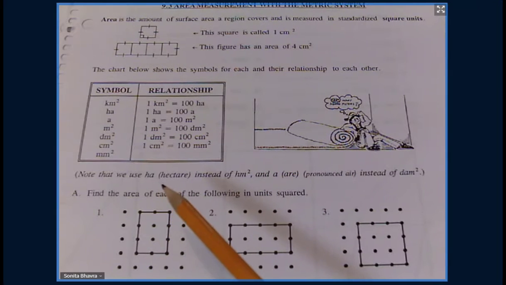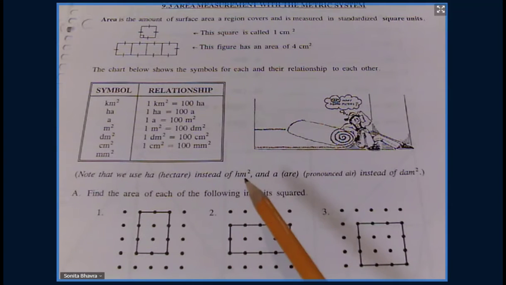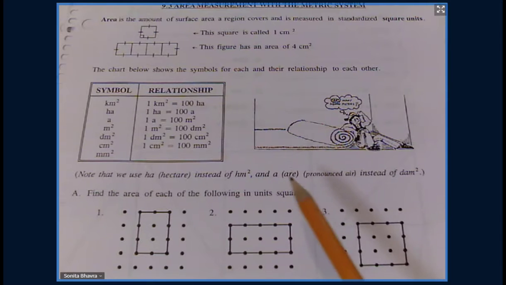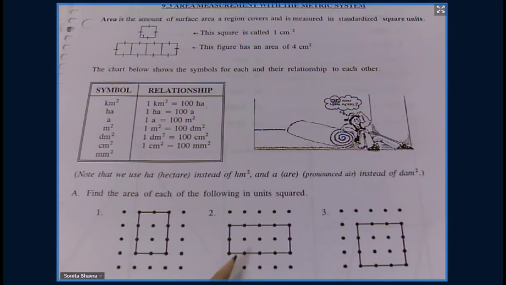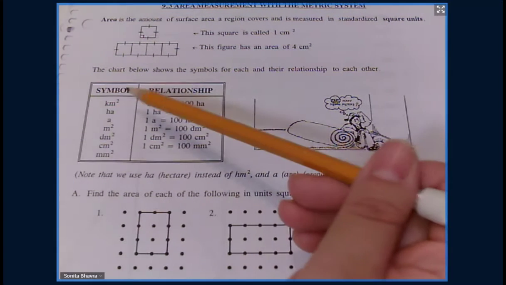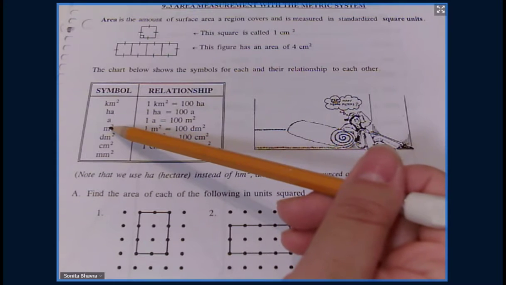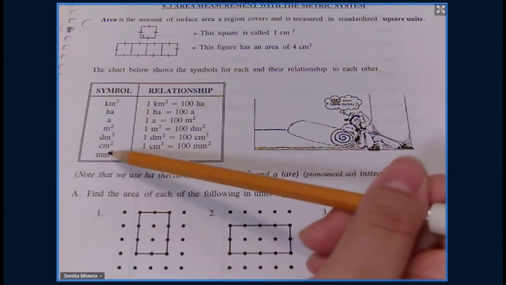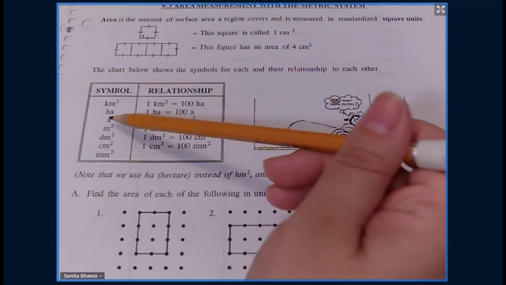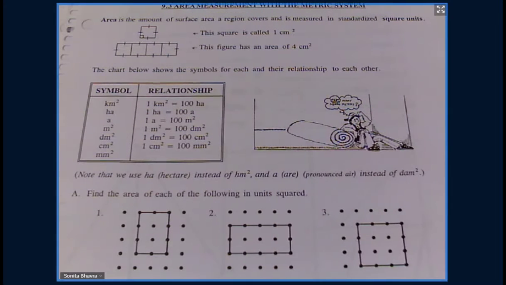So usually the hectare is used instead of hectometer squared, and air, pronounced air, is used instead of the decameter squared. All right, so normally when we had done conversions, we had seen it as kilometers, hectometers, decameters, meters, decimeter, centimeter, millimeter. When we're looking at area, you'll notice those two changes here.